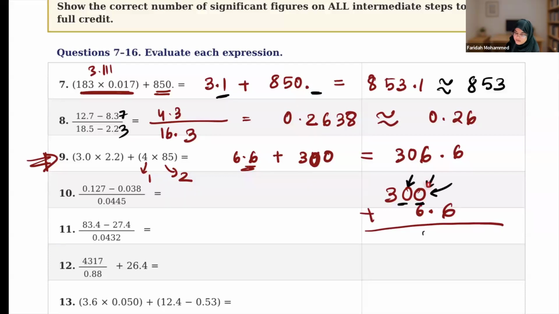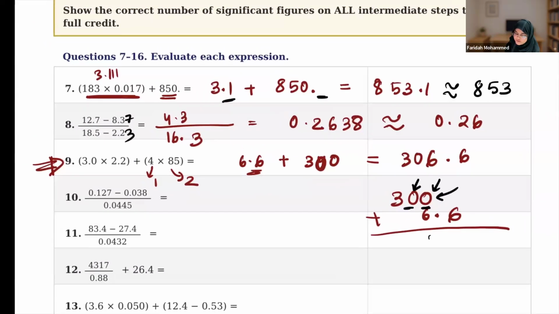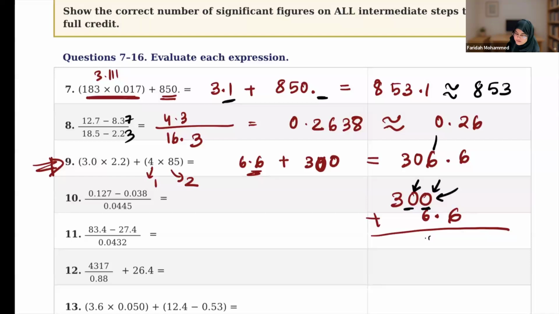You are adding a not significant digit to a significant one, so this digit should not be significant. 0 plus 6, it should have been 306. That should be the answer. But because this is not significant, you have to round it off to non-significant. It still has one significant figure.